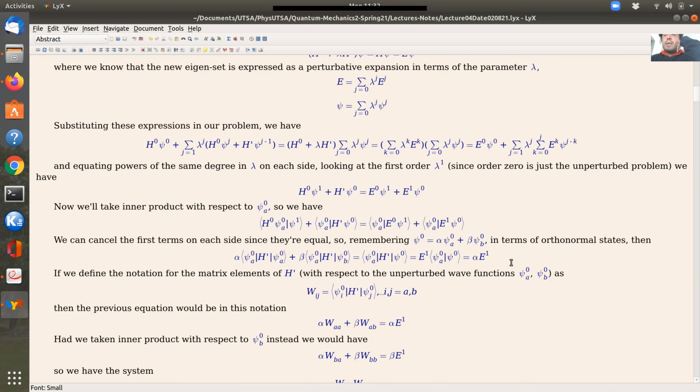So we have E1 plus or minus, which are the two solutions to the quadratic equation, is the trace, WAA plus WBB, plus or minus the square root of (WAA plus WBB) squared minus 4 times the determinant that we just calculated over here. And again, we can do a small simplification of the terms, because if you expand, you'll notice that you'll get the double product of WAA with WBB.